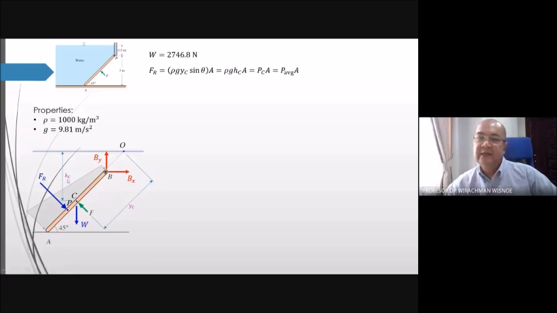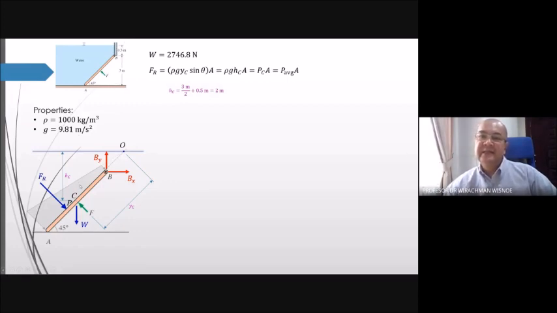We know the relation that hc is Yc sine theta. Theta, of course, is the angle formed by the gate with the horizontal. In this case, we have 45 degrees. Either this one, 45 degrees, or that one is the same thing. hc can be obtained by observing this dimension given.